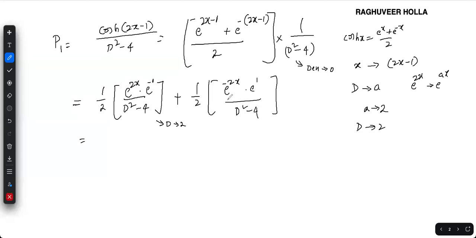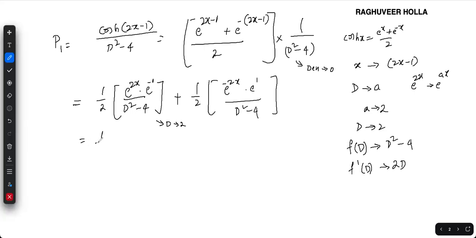When the denominator goes to 0, you take this f of D, which is D square minus 4, and differentiate with respect to D, so you get 2D, and multiply x in the numerator.